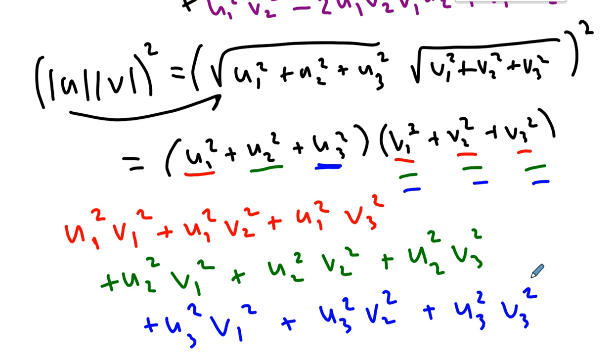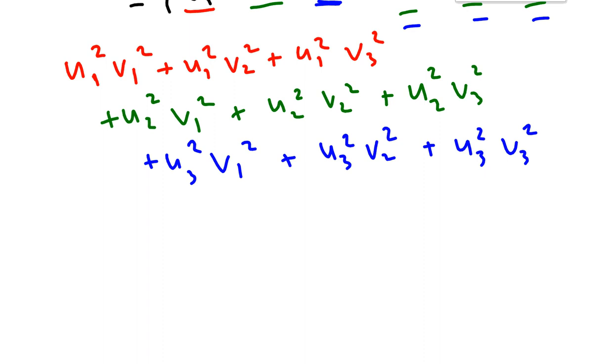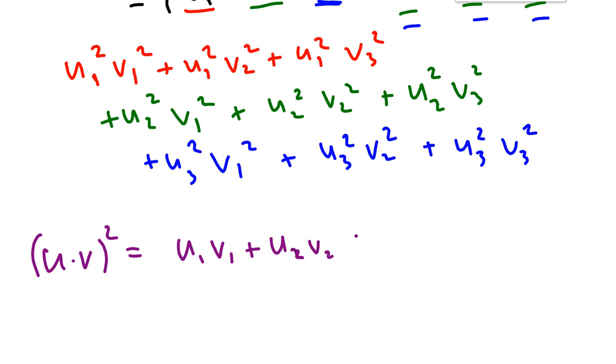So there's another scary looking quantity for you to consider. Okay, so here comes one more fun quantity we're going to compute. We're going to take u dot v and square that. So u dot v would be u1 v1 plus u2 v2 plus u3 v3.